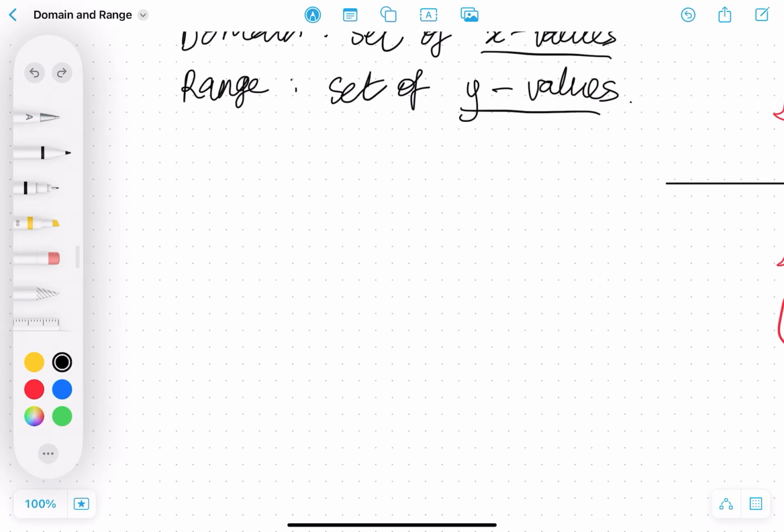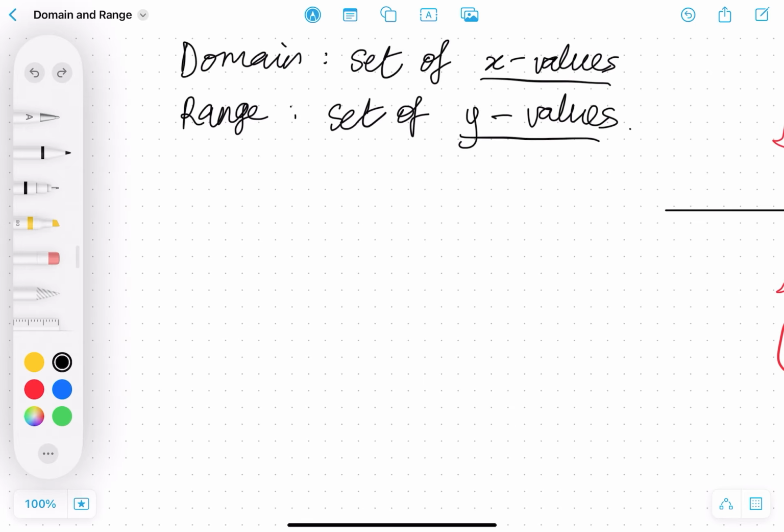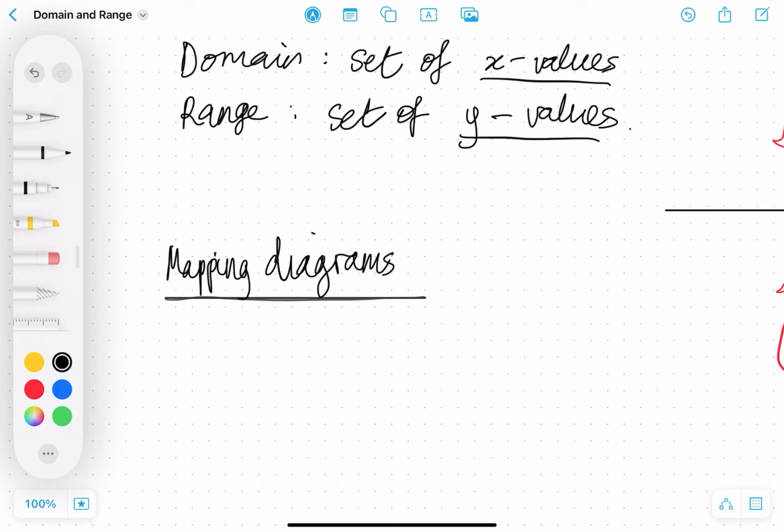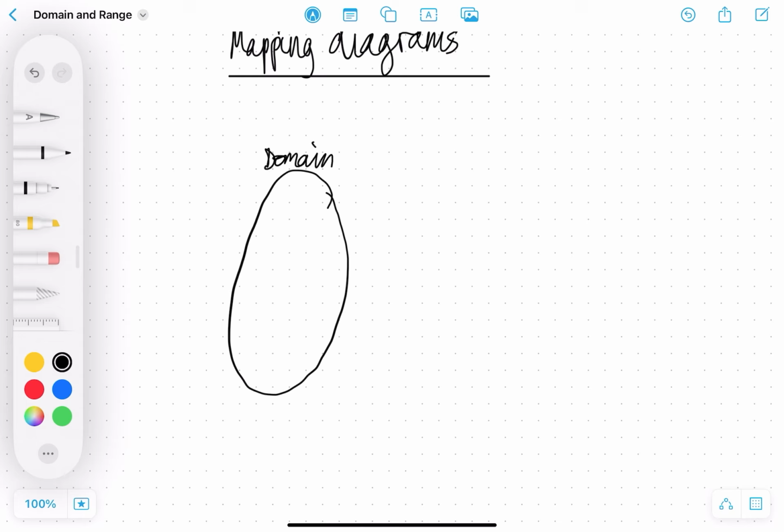But another way to understand domain and range is through mapping diagrams. A mapping diagram basically has a space for the domain on the left-hand side, and another space for the range.